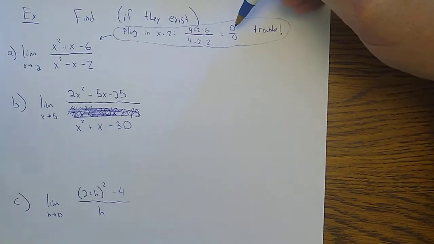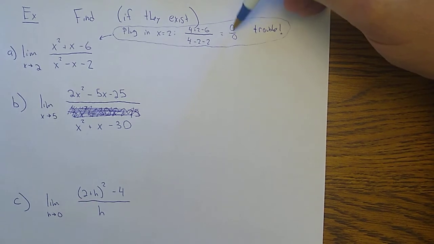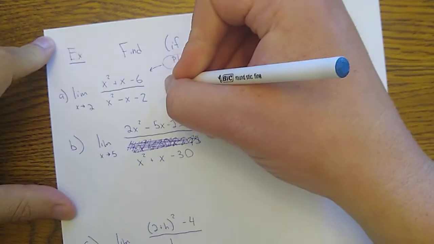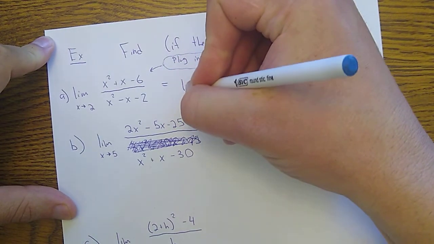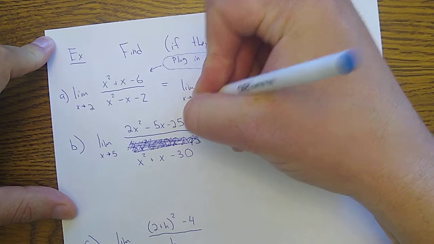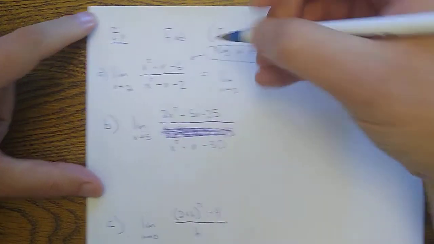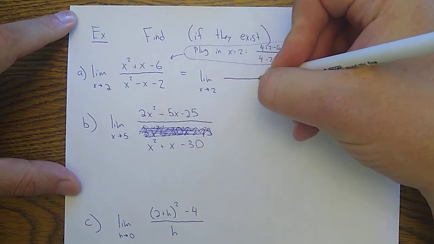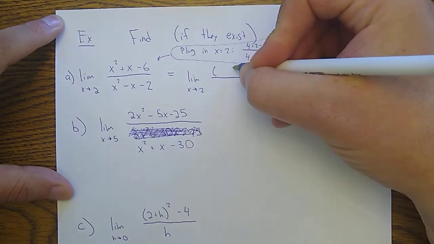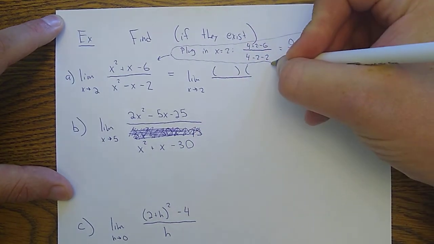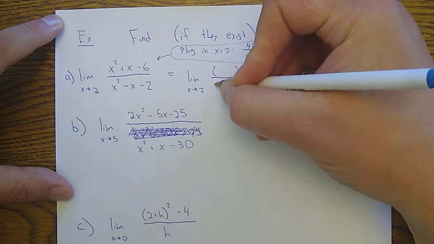And let me tell you why I went to the trouble of figuring out the top. If you're getting 0 over 0, then typically that means you can factor something and cancel it. So we should try to factor the top and the bottom. So hopefully we remember how to do this.